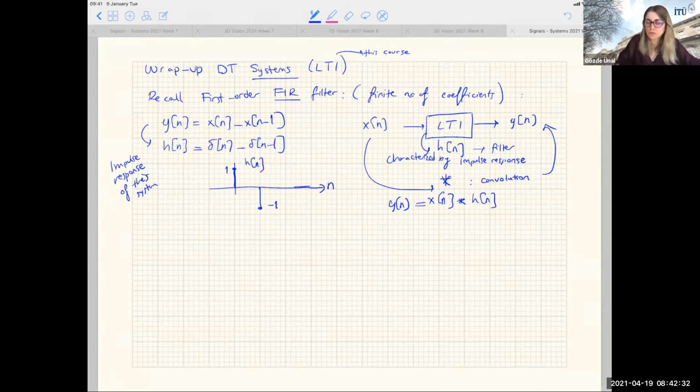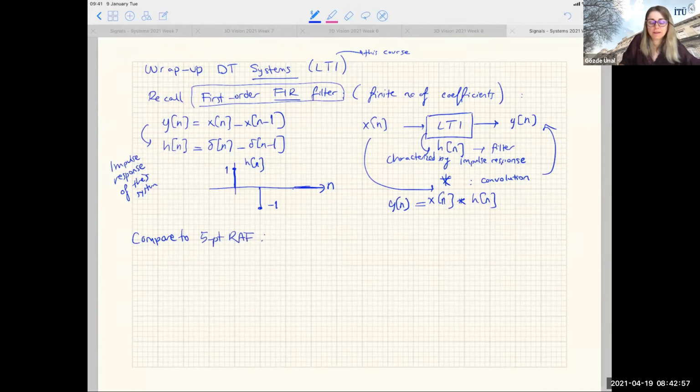I want us to compare these two. This is a first order FIR, these are common filters. This is a 1, minus 1. Now compare this to, we will see the effect of it on an input signal, a 5-point running average filter.